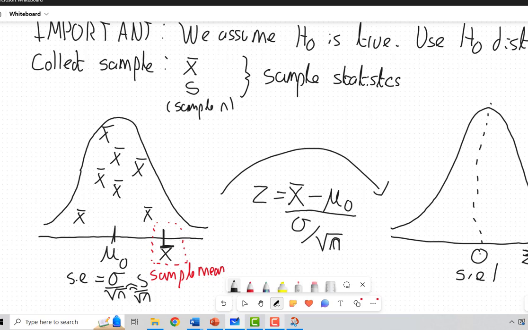And what we're doing with the test is we want to see, to reject our null hypothesis, if we're far enough away from the null hypothesis, defined by our type 1 error. Let's just assume this is a one-tailed test, it's easier in one direction.